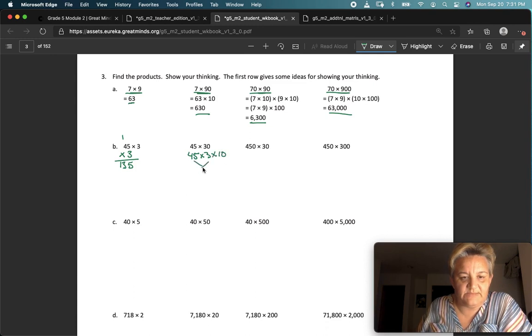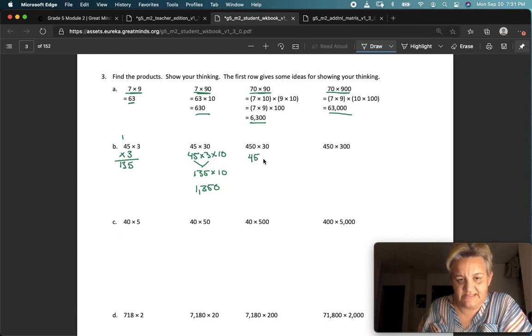So this we already know is 135 times 10, which would equal 1,350.